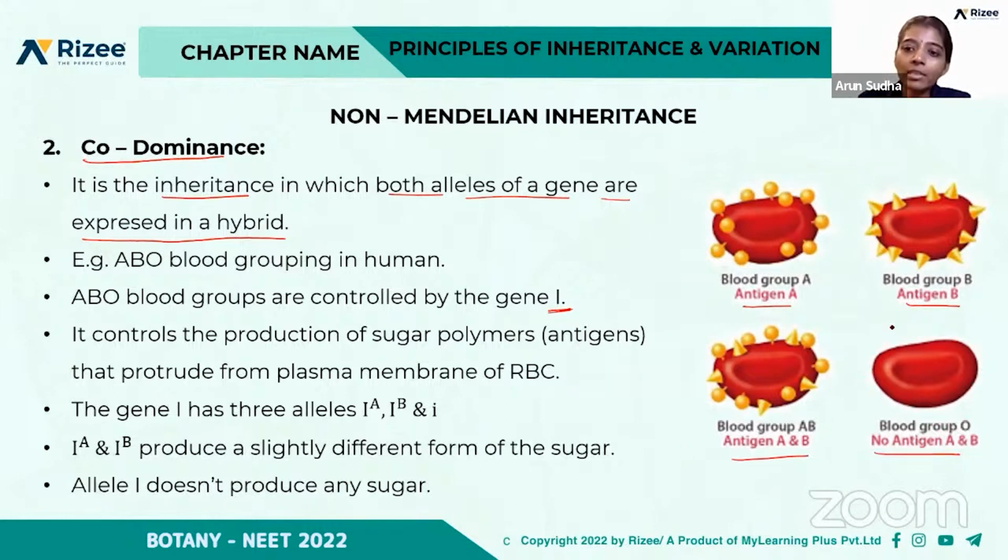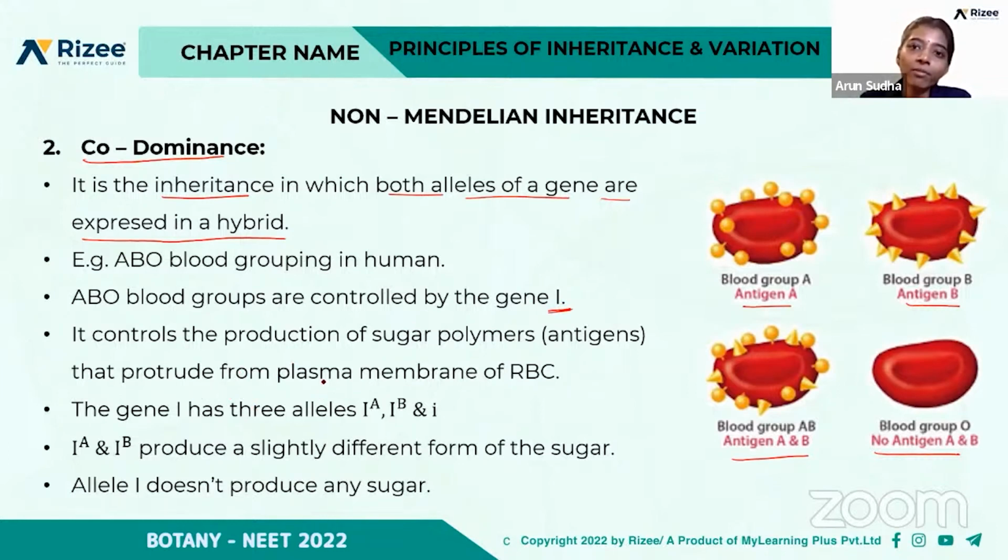So actually, what does this represent? That is each and every blood group has sugar residues. This gene I controls the production of sugar polymers, that is, they have some antigens in the plasma membrane of RBC.